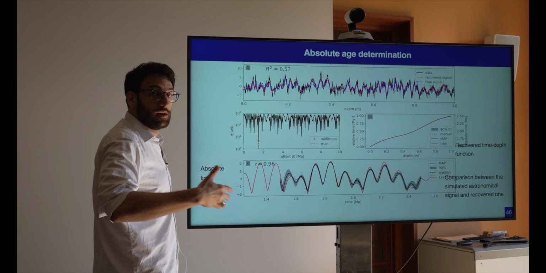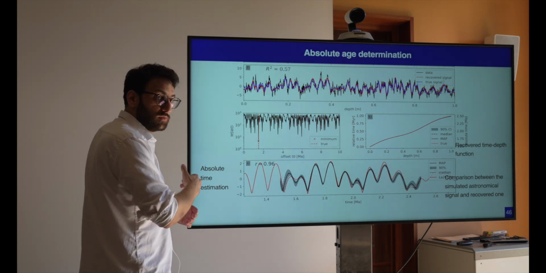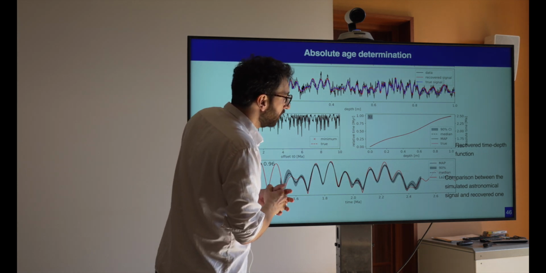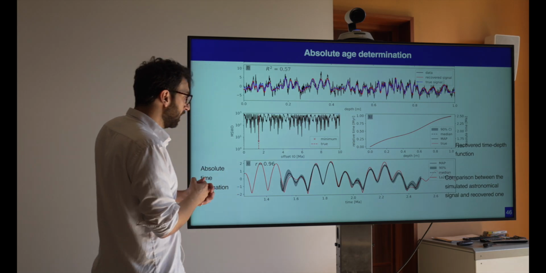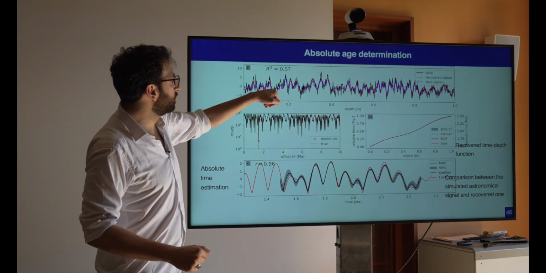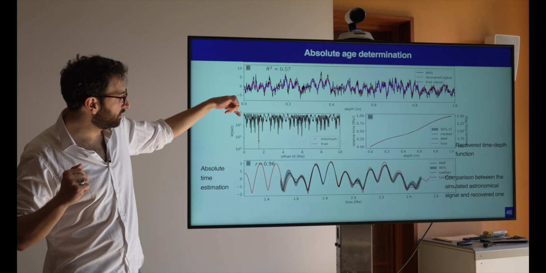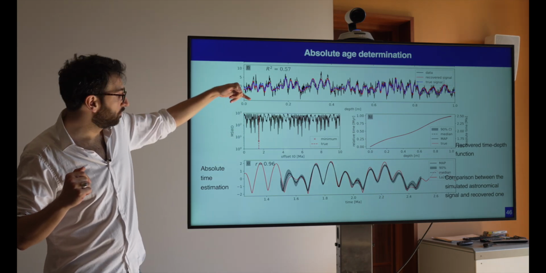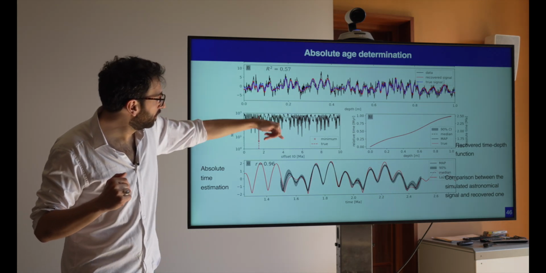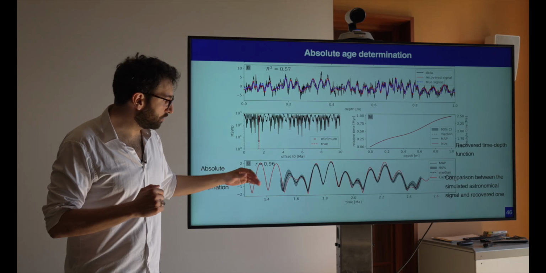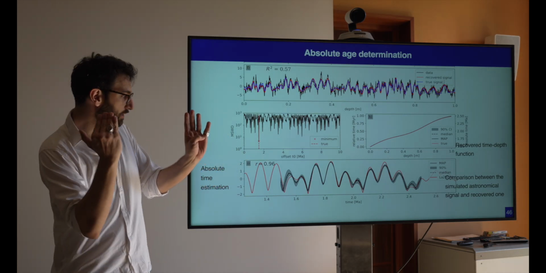This is the classical way. This is the eccentricity from the Laskar 2010 paper. Your reconstructed eccentricity signal is going to match more or less well with the astronomical solution as you slide it across the astronomical solution.